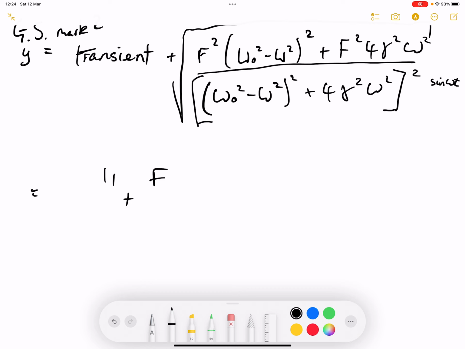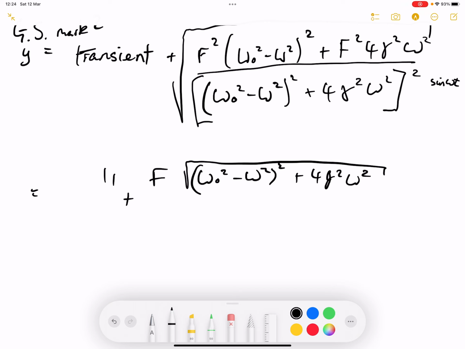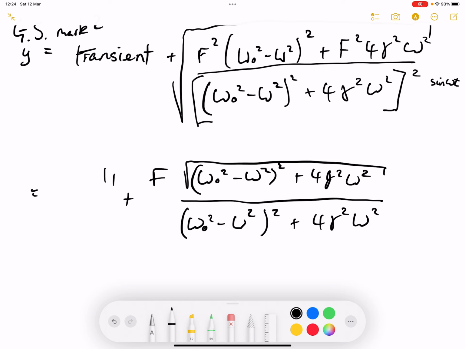Then we're going to have the square root of omega naught squared minus omega squared, squared, plus 4 gamma squared omega squared, over, here's the key bit, omega naught squared minus omega squared, squared, plus 4 gamma squared omega squared.